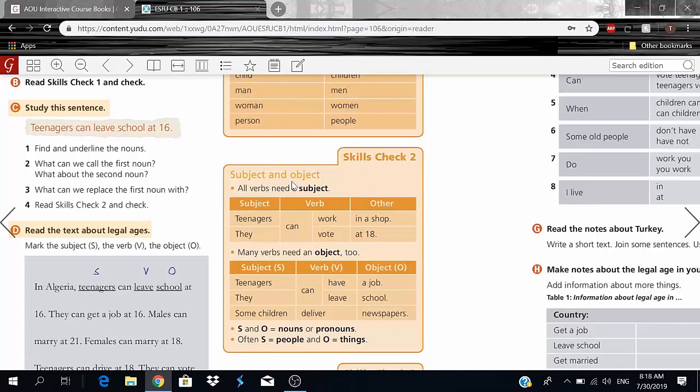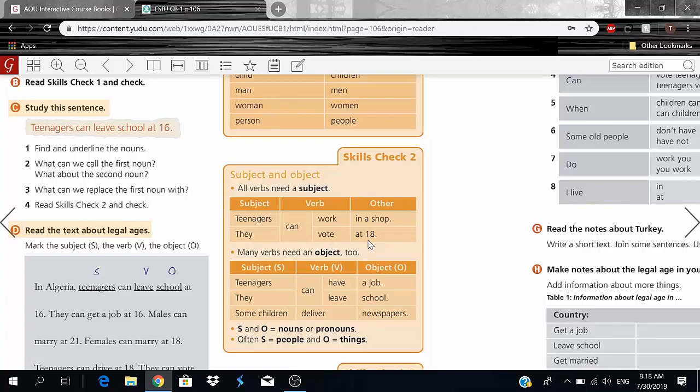All verbs need a subject, okay? So I don't usually start my sentence with a verb without a subject, right? I can say, for example, work in a shop, right? That just doesn't make sense. Or if I just scratch these right here, and I say can vote at 18, you simply don't understand, right?